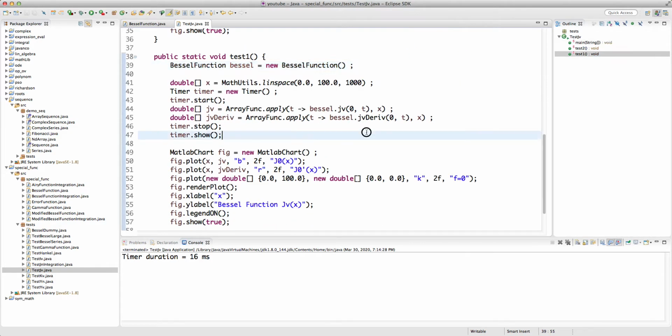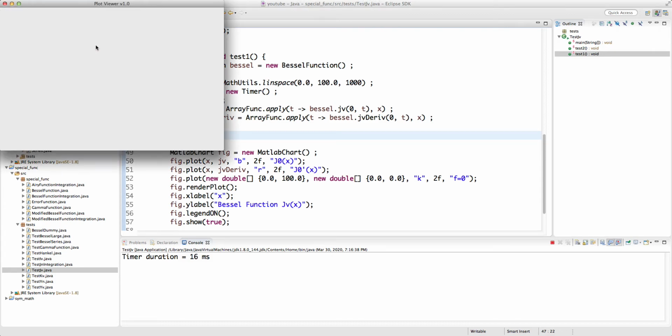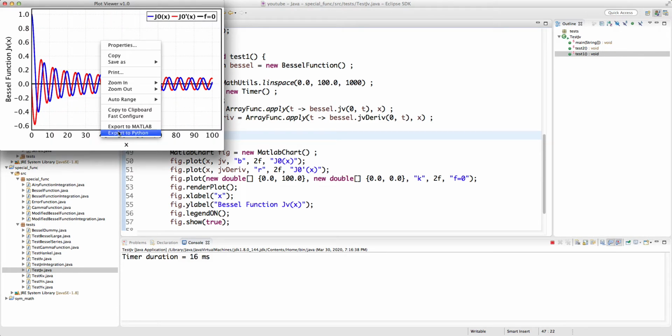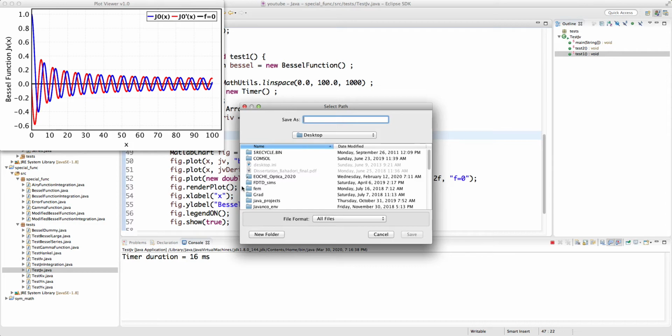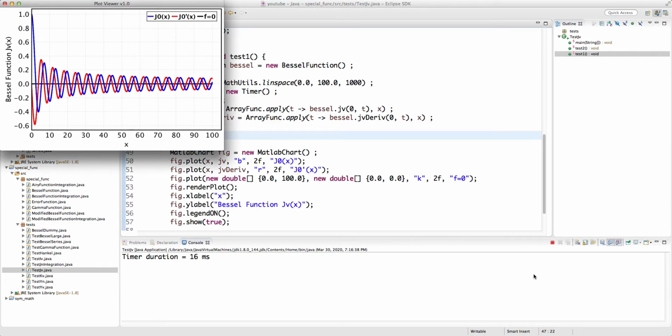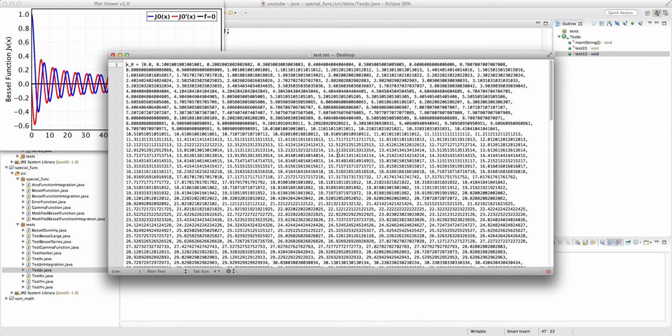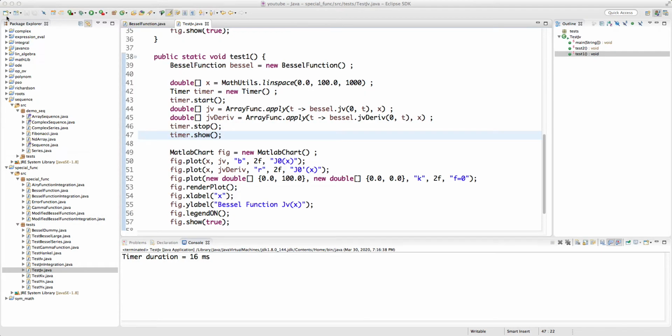So just one last thing about the Bessel function. When I run these, I can export them also and compare them to the results in Python, because the Python library, the scipy.special package, also implements the derivatives of the Bessel function, and it makes sense because it's a very simple equation.